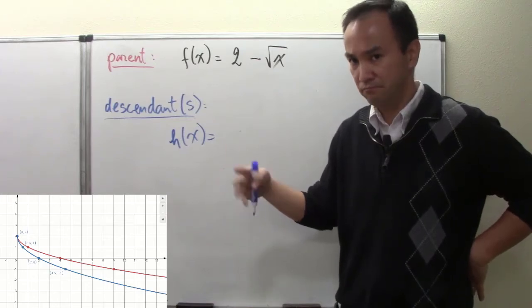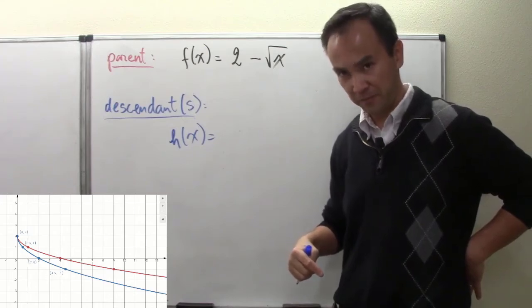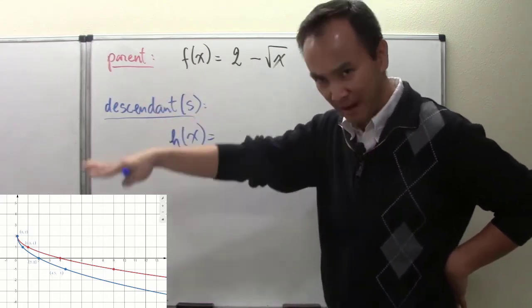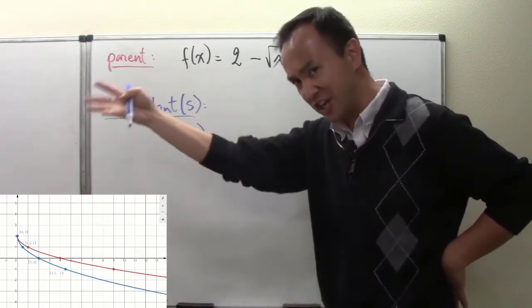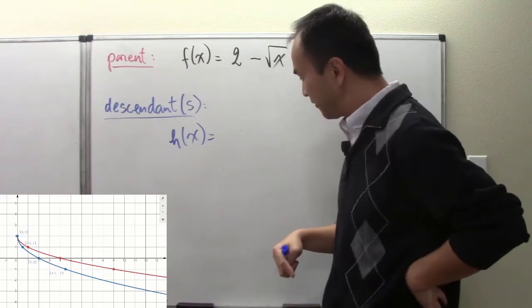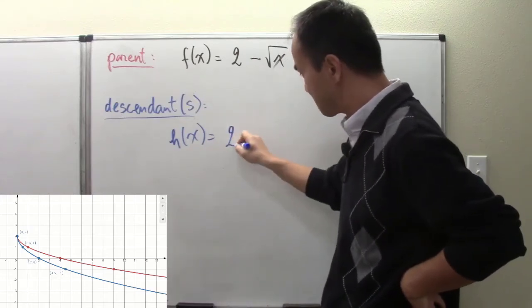We can have many descendants from one parent function. That's why I have to use a different name here, because it's not the same g that we've had already. We use a different name for a different function.